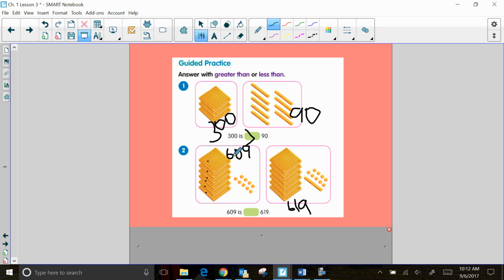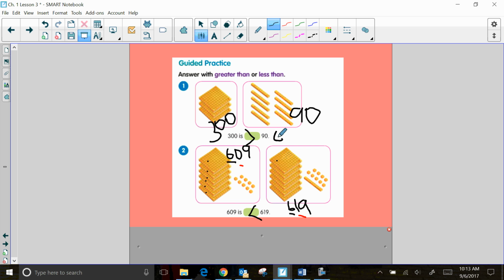So which is greater, 609 or 619? Going through the directions, we count our hundreds place first. But in this case, it's the same digit. We have 6 hundreds in both numbers. Looking at the tens place next, we have 0 tens and 1 ten. 1 ten is greater than 0 tens, so the alligator mouth eats the bigger number, and we read this as 609 is less than 619.